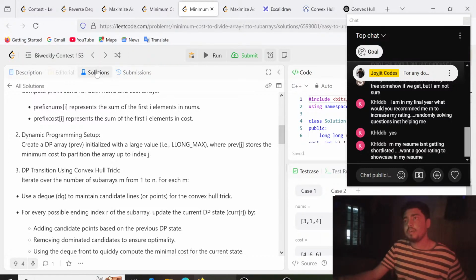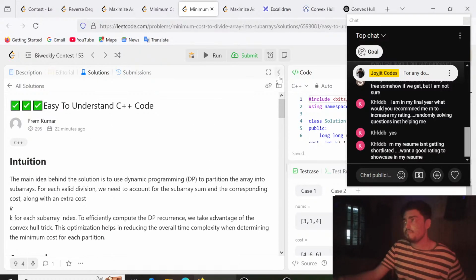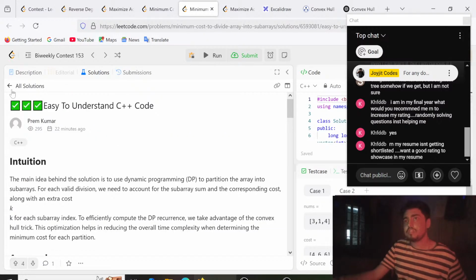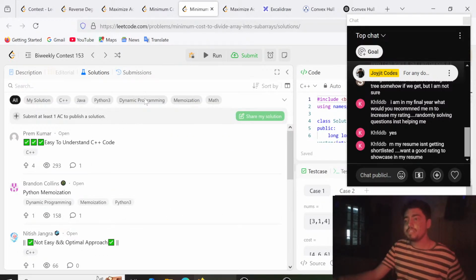I don't think I'm happy with this actually. This convex hull trick I'm not sure about it. How can I say that it's easy to understand? I get it, it's a convex hull trick.